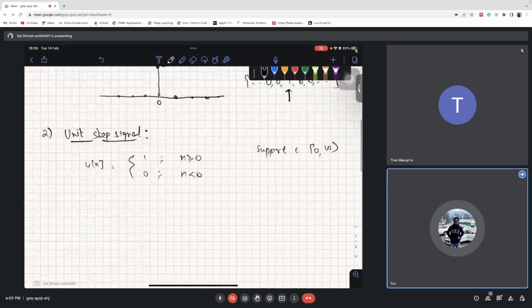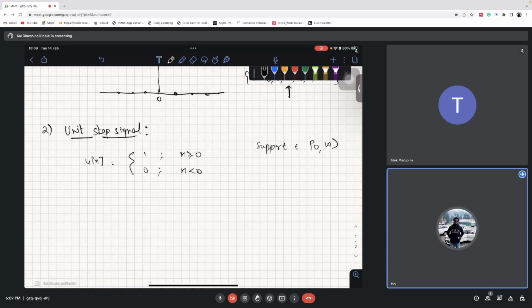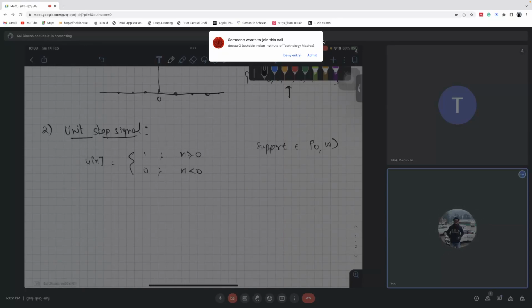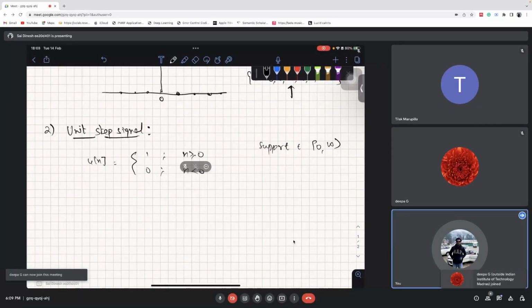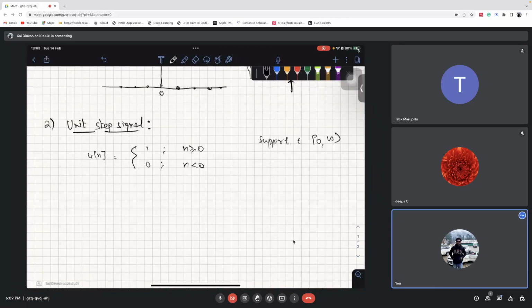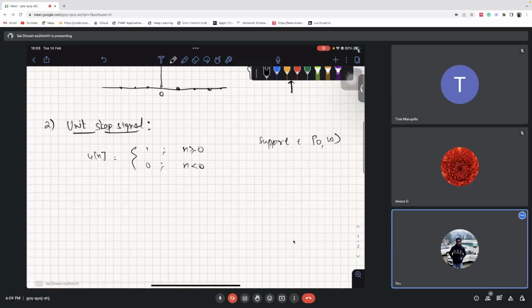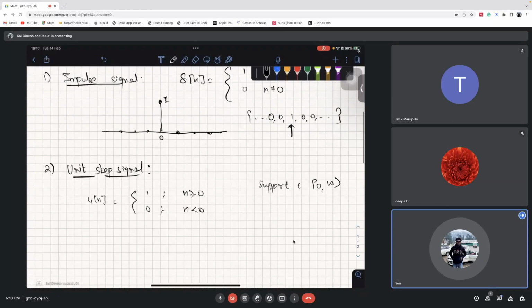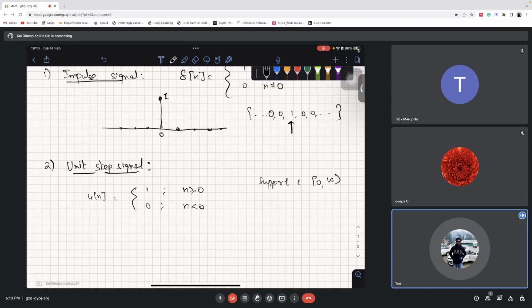As we can see, this unit step signal can also be represented using the sum of shifted and scaled versions of the unit impulse signal. So this is the impulse signal, and then we talk about the unit step signal.